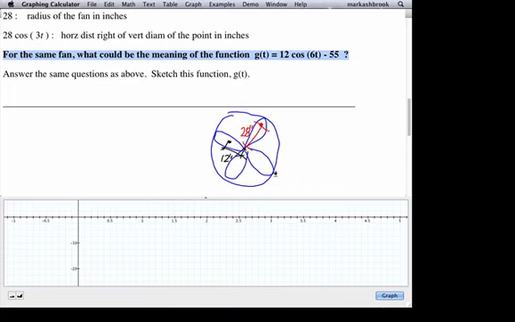Okay, what about the 6t? In 1 second, now how many radians does it cover? 6. So it's a faster speed, twice as fast. How much does it rotate in 1 second?